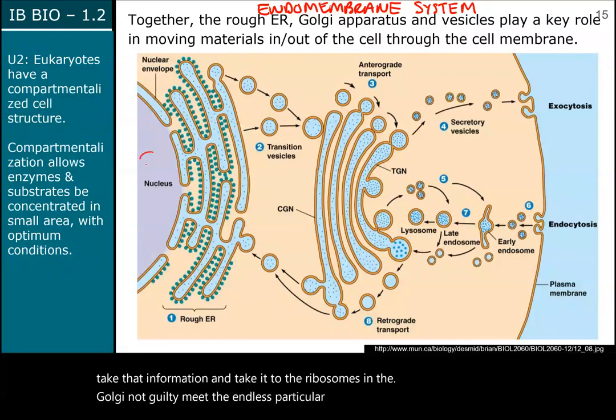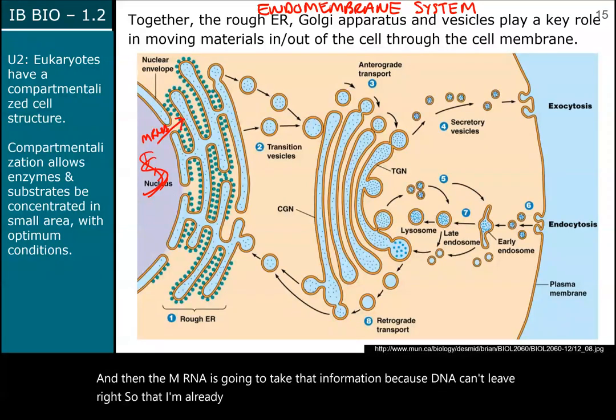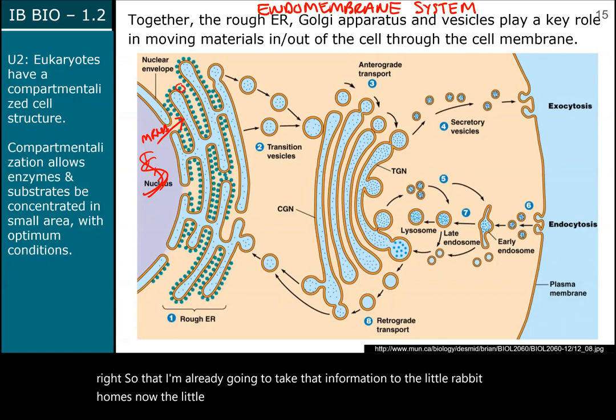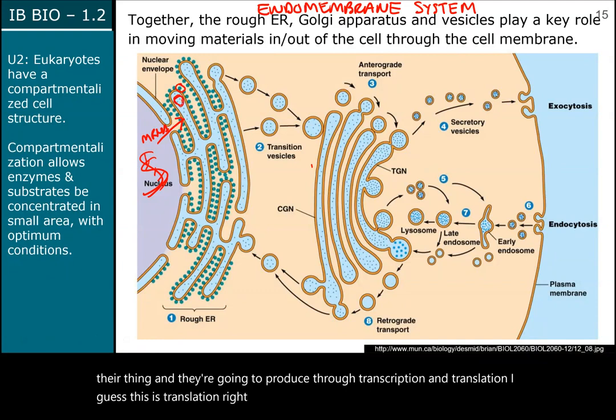So DNA, and then the mRNA is going to take that information, because DNA can't leave, right? So the mRNA takes that information to the little ribosomes. Now, the little ribosomes, which are these things, are going to do their thing. I guess this is translation, right? Through translation, they're going to create the proteins that they're supposed to make.